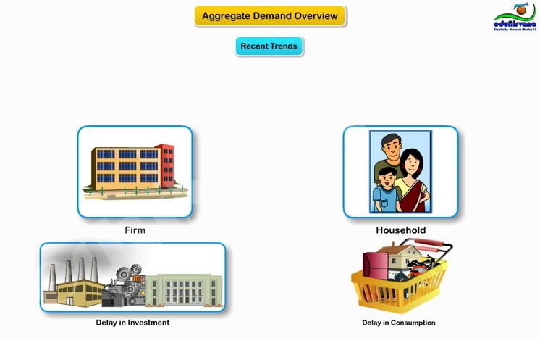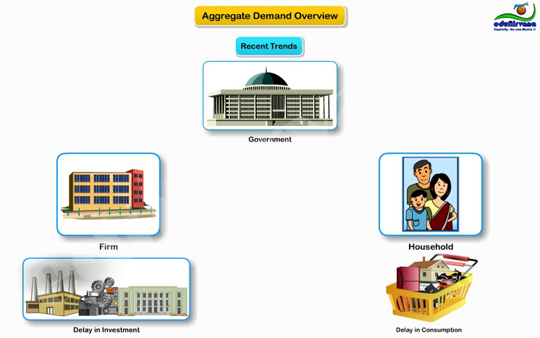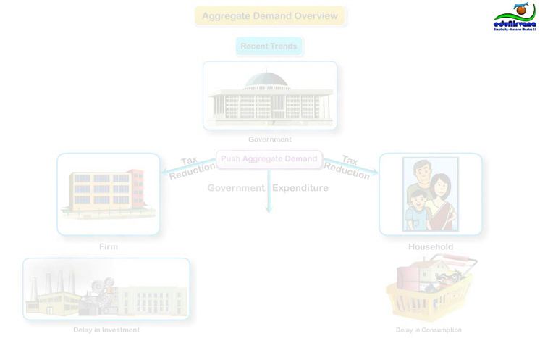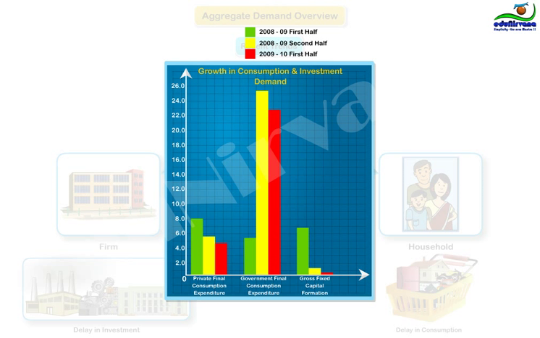As suggested by Keynes, when the economy is in a downward spiral or affected by the pessimism of firms and households, the government has to take charge of pushing aggregate demand by increasing its expenditure on public projects or by reducing taxes for firms and households. If we notice the graph, we can easily see that the Indian government did the same in the time of crisis. Fiscal measures were initiated to offset the slack in private demand.